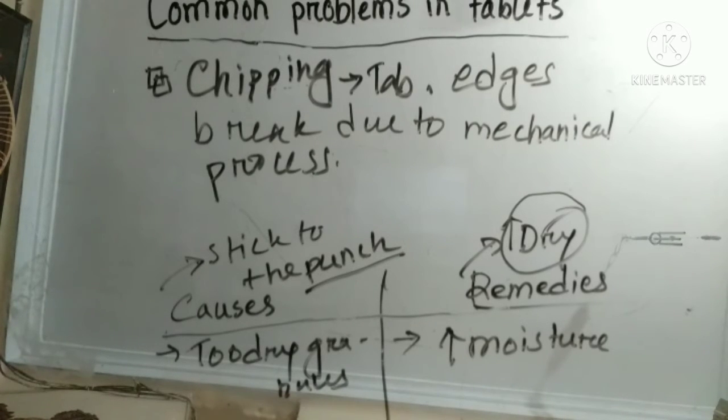what we see in common problems is cracking. So we all have little or some idea about cracking. We can see different types of cracks. There is a cream found in market, crack cream.